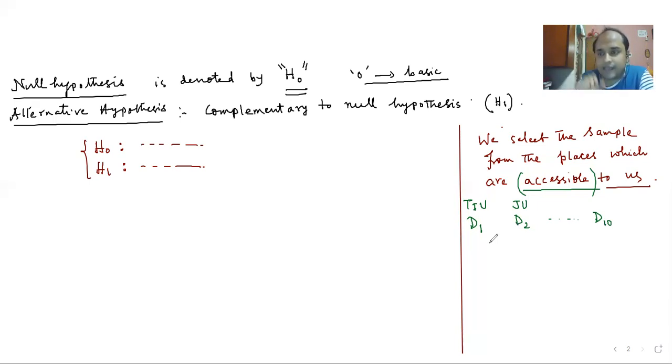Once I get the nodding, the departmental head or the placement officer decides, okay, this person has come and wants to survey our students, so let's select some students.